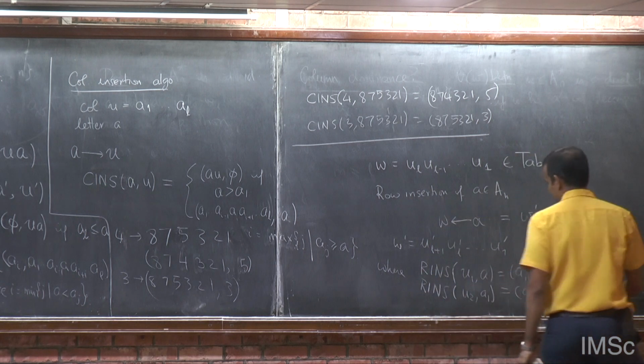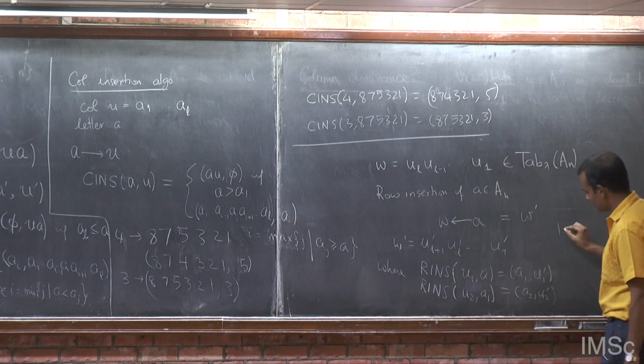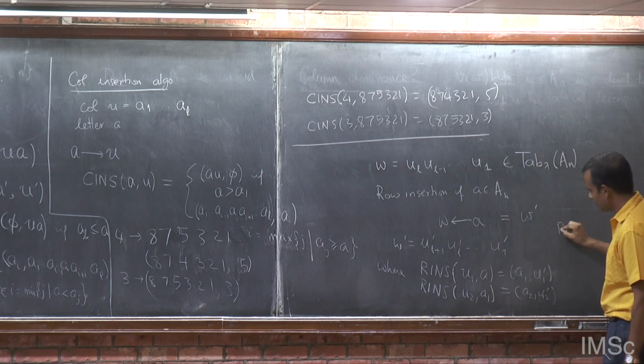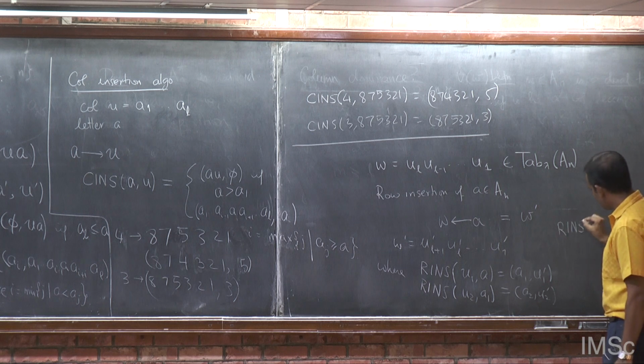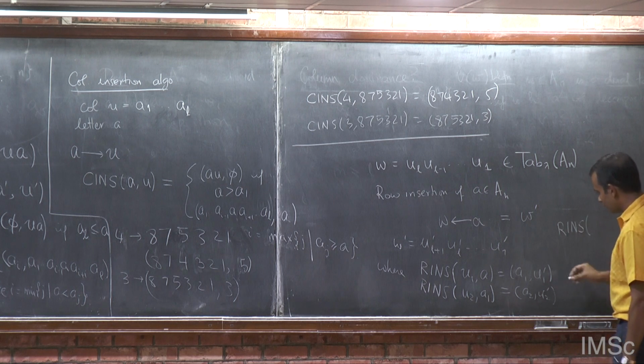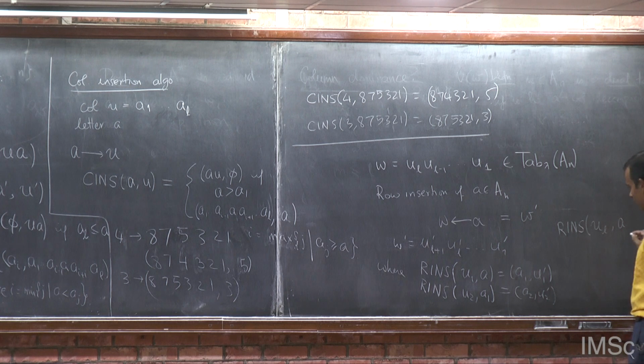And so on. So, what you will do is to define, you take UL and insert AL minus 1. And that will give you AL, UL prime.